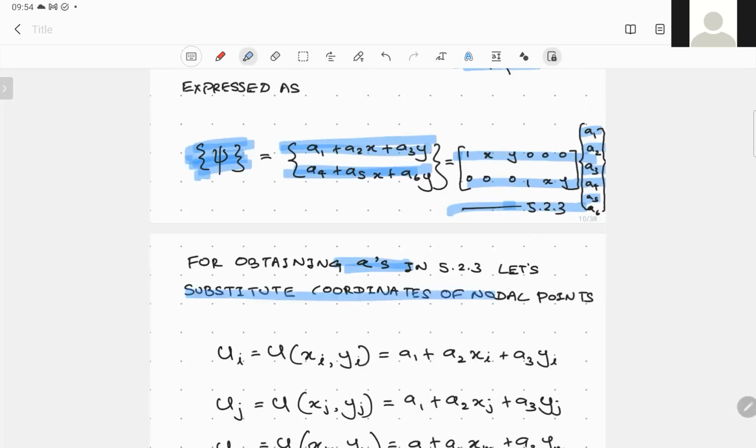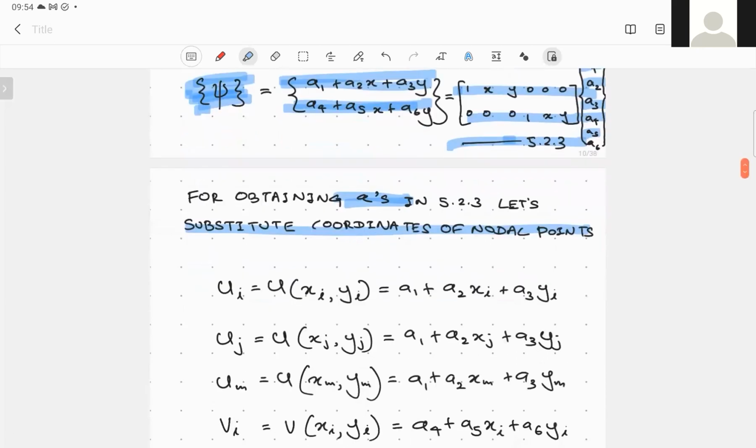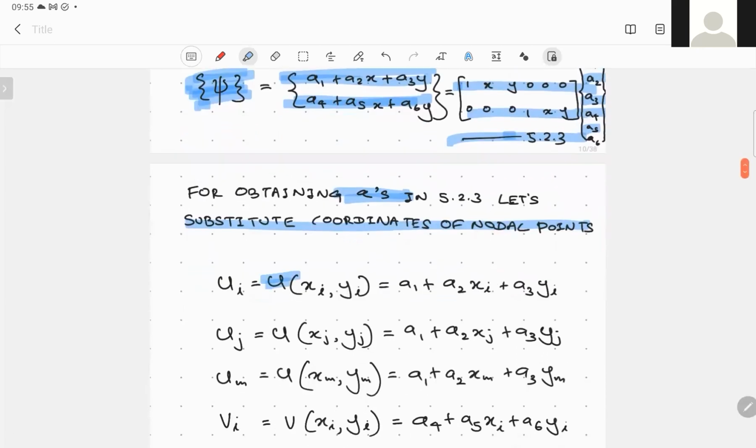To do this, we simply apply the coordinates. How? We simply consider the u function, and let's consider node i, and write down the displacement of the ith node in the x direction, which is given by the function u_i.